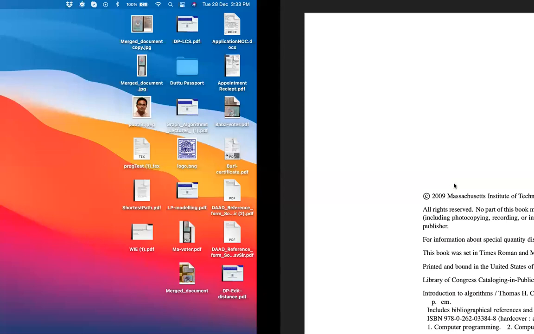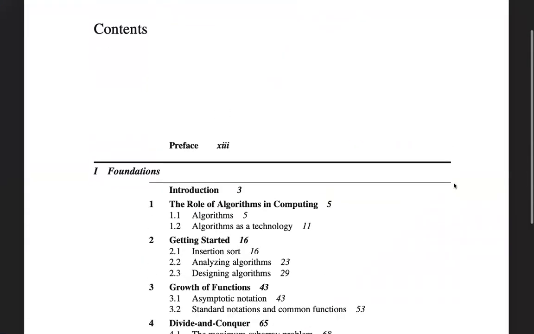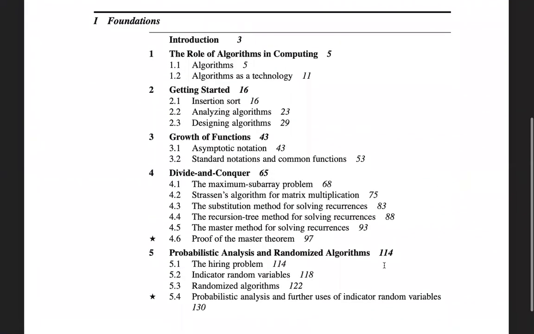Let me share my screen once again. If you can see, these are the most obvious foundation topics. We have done some of it, at least gone over some of these techniques.